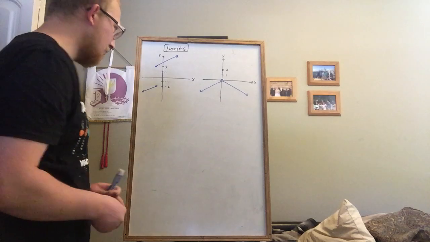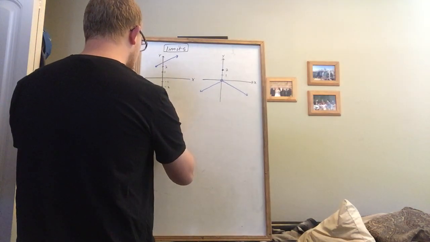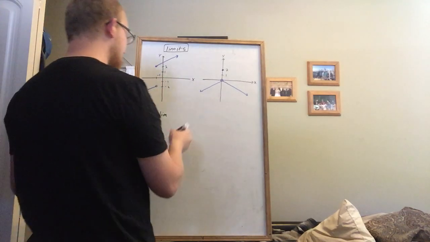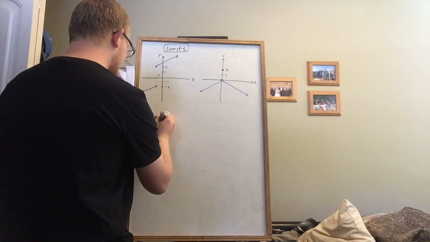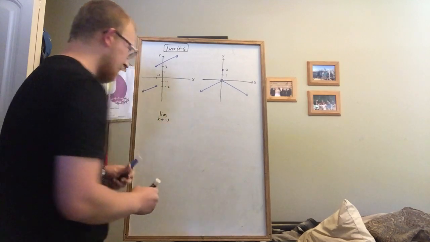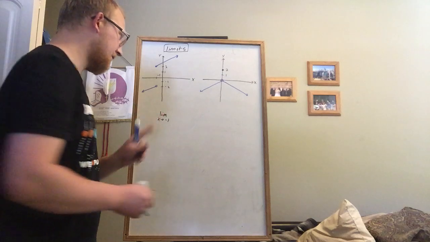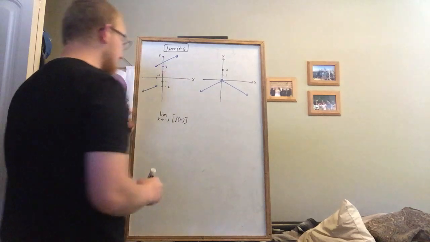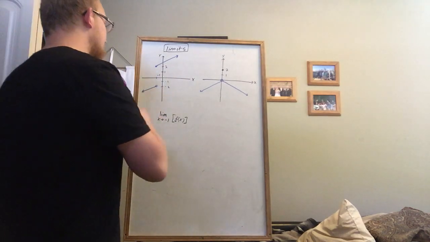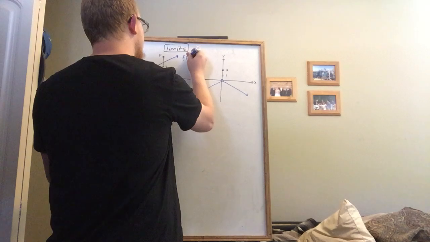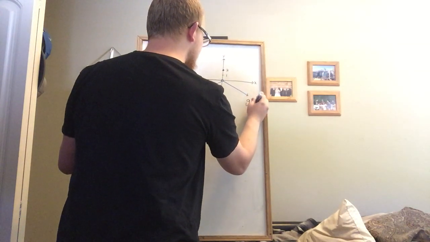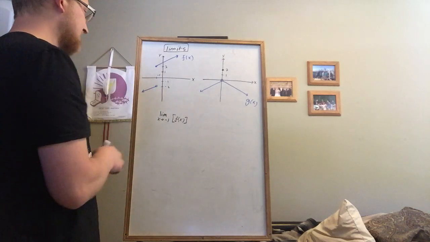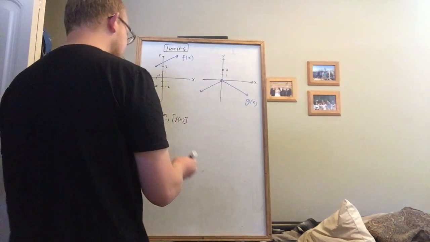So how do we indicate that? Well, let's make this minus 1 in the x direction. We want to know what the limit is as x approaches minus 1 for this function f of x. We'll call this one f of x, and we'll call this other example g of x. To know what the limit is as x approaches minus 1 for f of x, we're going to need to figure out some other things.